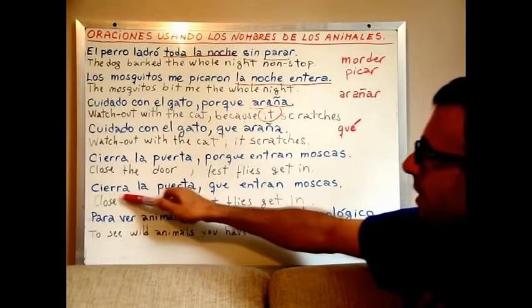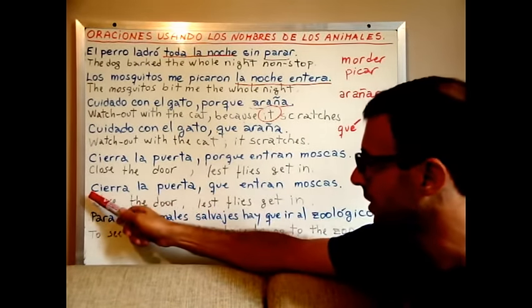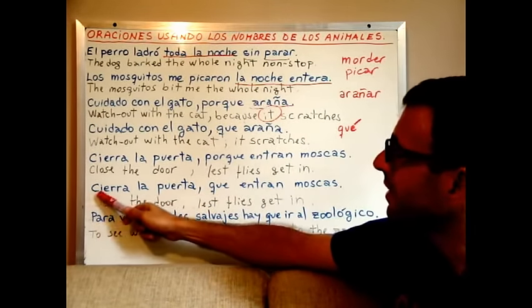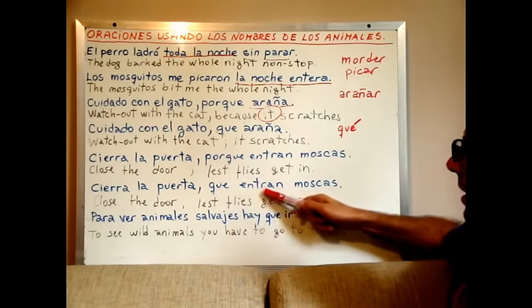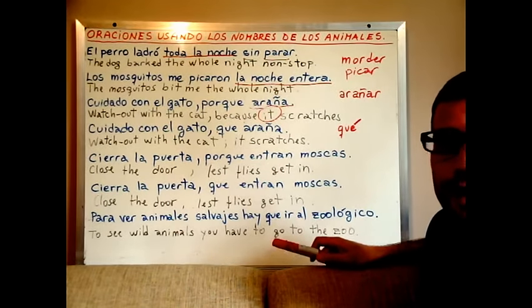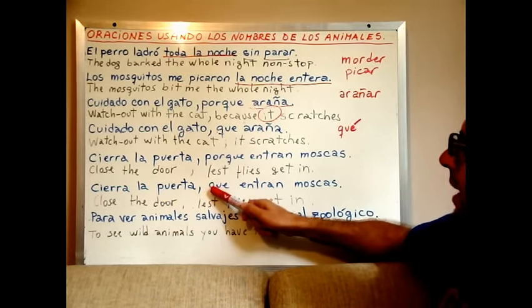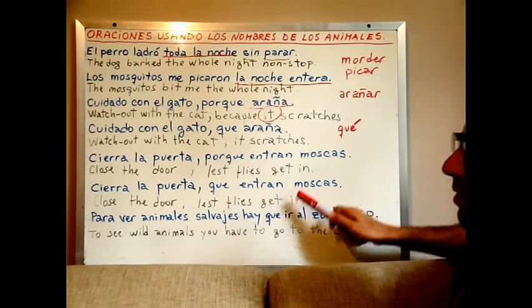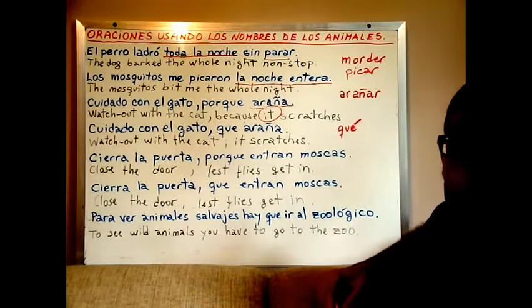And the second sentence here means the same as the previous one. It's a synonym. Cierra la puerta que entran moscas. Close the door that come in flies. Or close the door that flies come in. It doesn't make much sense in English, right?